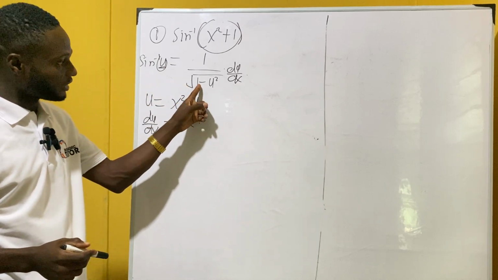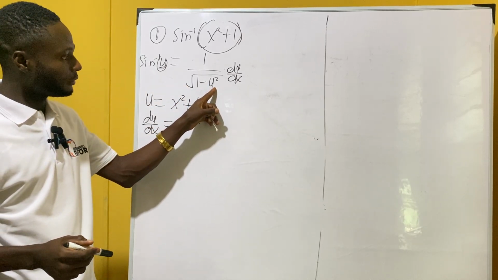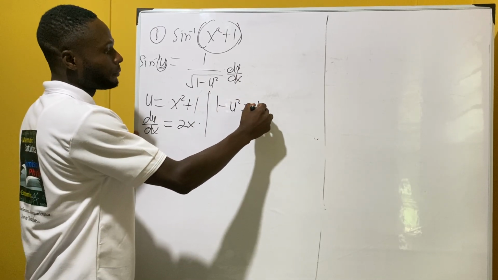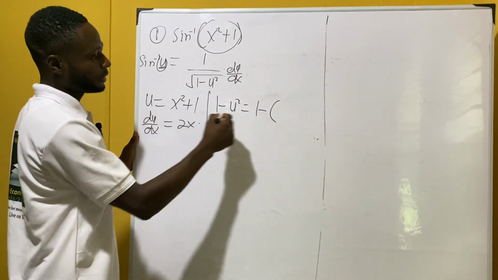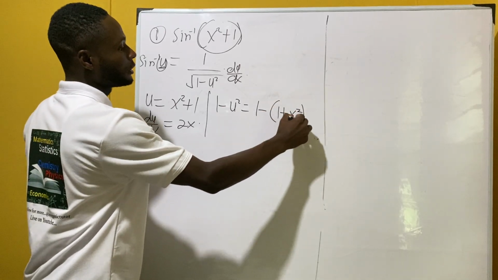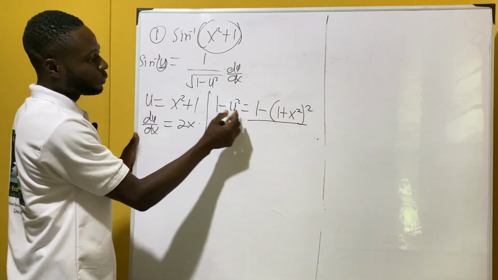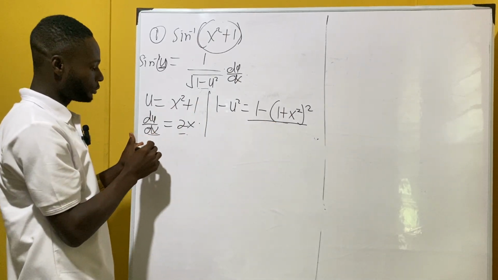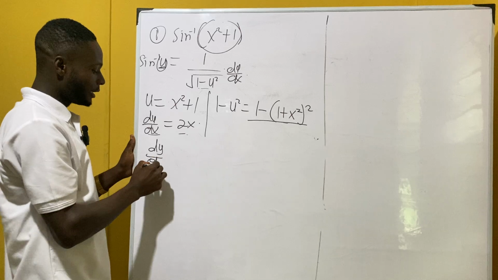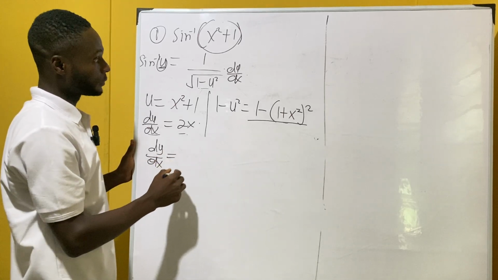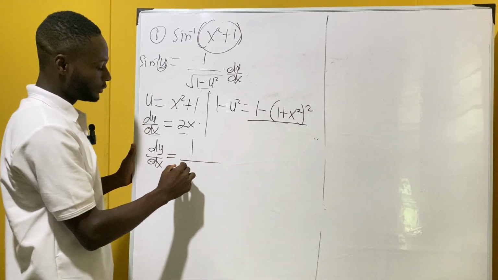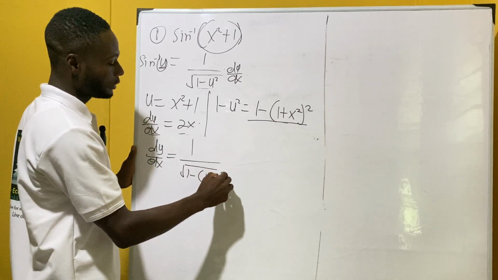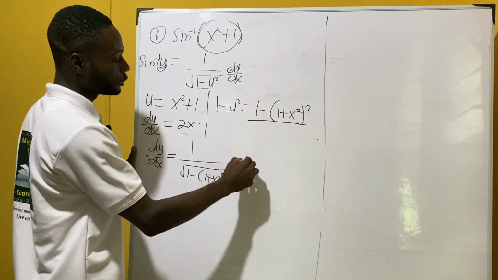What we have to do is to find the 1 minus u squared, right? So we know that 1 minus u squared is equal to 1 minus the whole of u squared, that is 1 minus x squared plus 1 all squared. So now we have 1 minus u squared as this, and we have du dx as 2x. So we can say that dy dx is equal to 1 over square root of 1 minus x squared plus 1 all squared, then 2x.